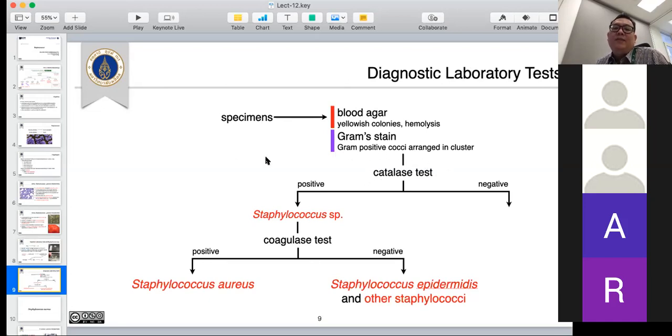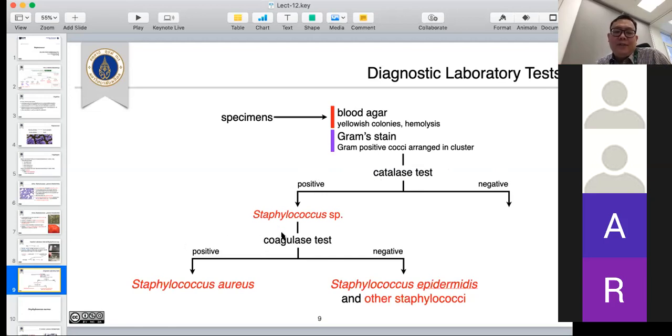Perform catalase test positive, it is Staphylococcus. Okay? If negative, you learn next week. So this week, when you say catalase positive, you can say it is potentially Staphylococcus, but you don't know which Staphylococcus until you perform coagulase test.